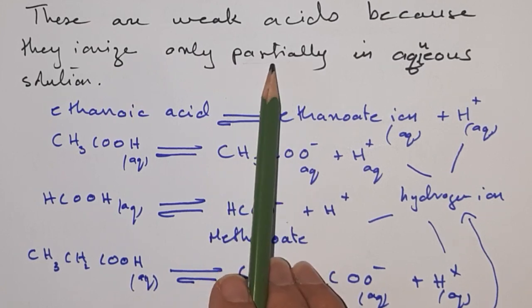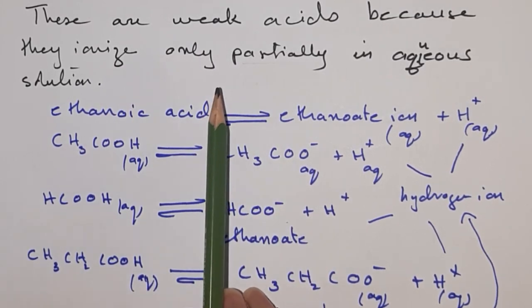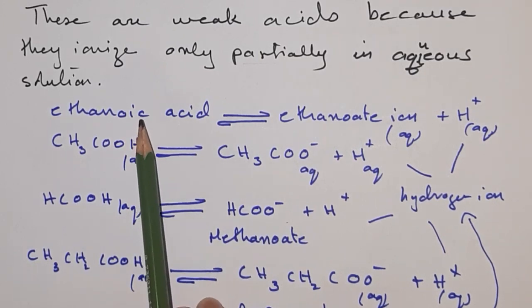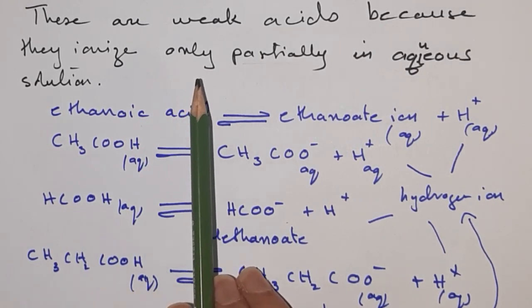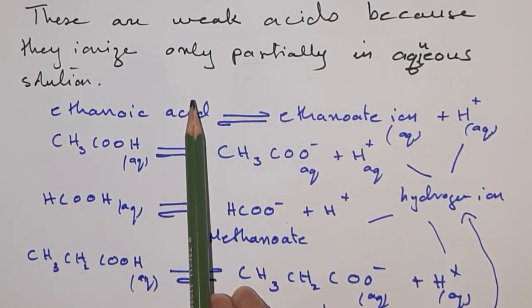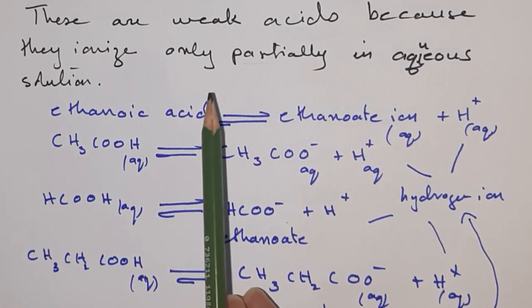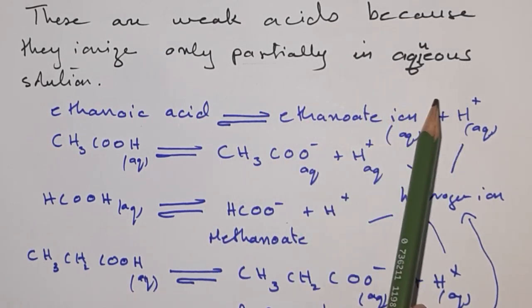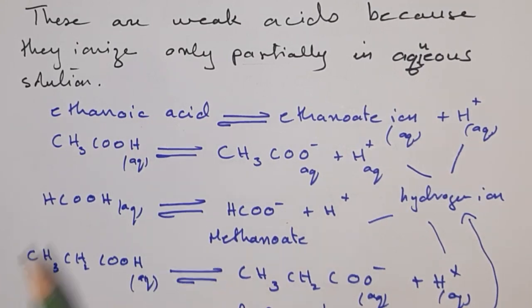Partially means that is to some extent. Just giving you a rough example, that if there are 100 molecules of ethanoic acid or carboxylic acid, out of 100 we can say that 10 molecules will ionize in the ionic form and the rest will remain as the acid.